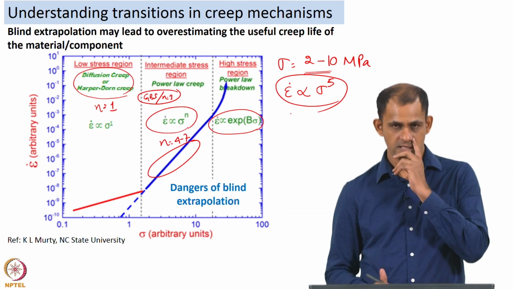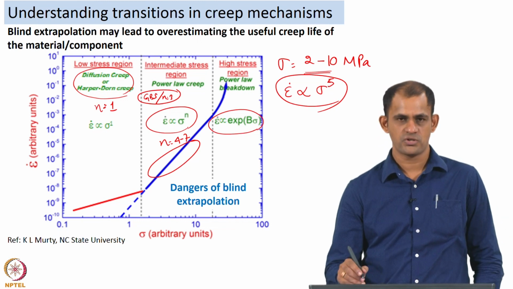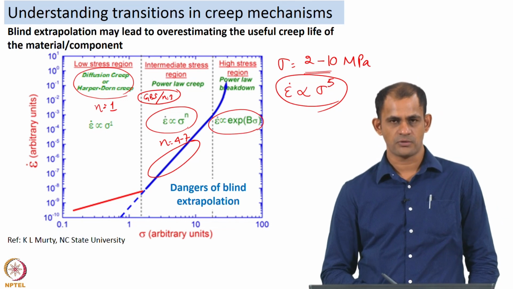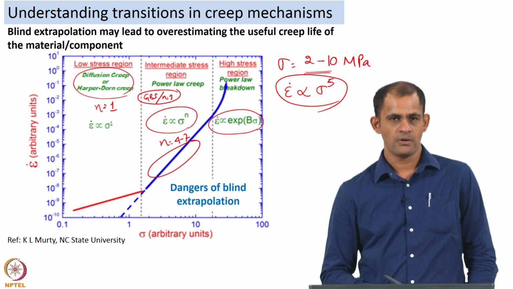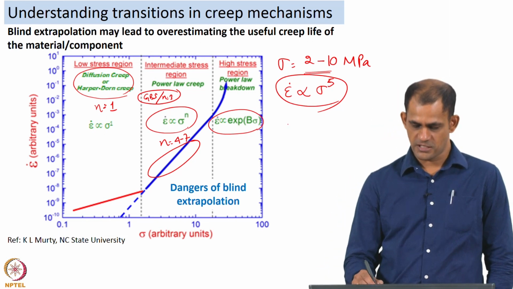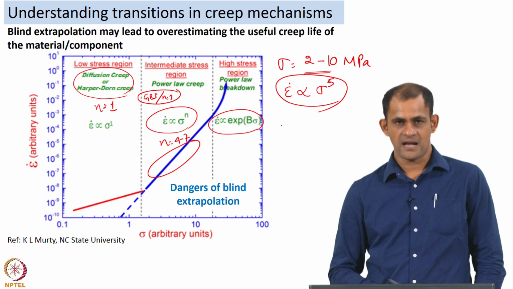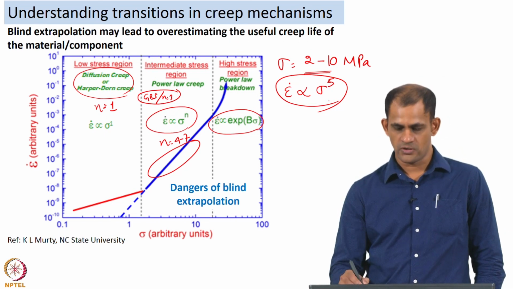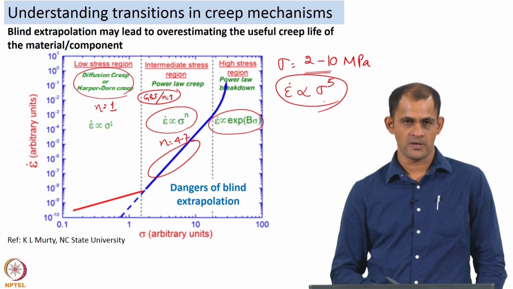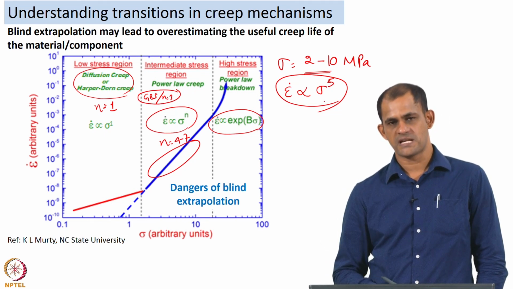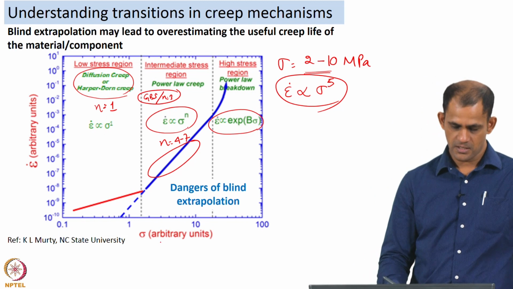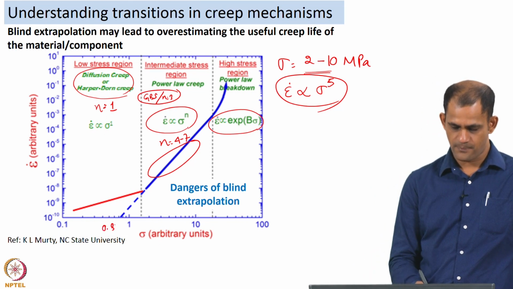You carried out tests in the range of 2 to 10 MPa and found strain rate proportional to sigma to the power 5. You decided that the material is following that, and the stress that the material is going to experience during service is, say, 0.8 MPa.